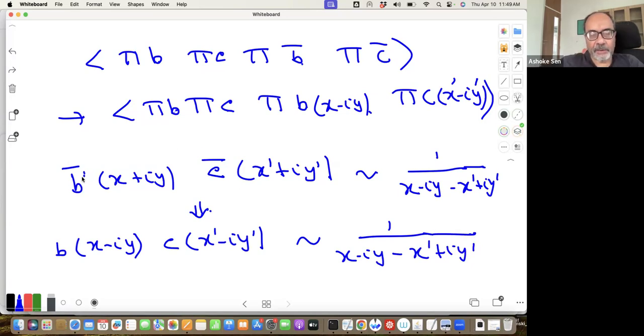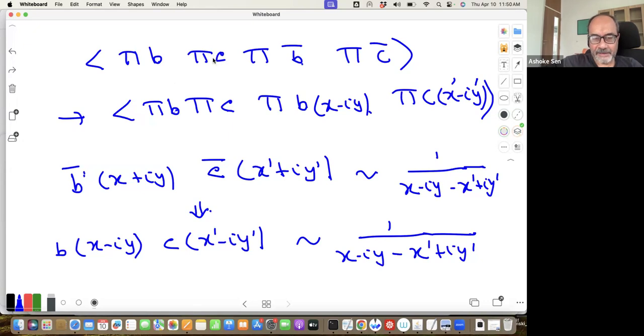So if you replace B bar and C bar and move them to the lower half plane, it has exactly the same singularity structure. So the singularity structure you are not affecting at all by moving all the B bars and C bars to the lower half plane with argument being complex conjugated. The advantage of this is that now the boundary condition, if you had a B and a B bar, right? Imagine that you had a B and you try to replace the B by B bar and C by C bar.